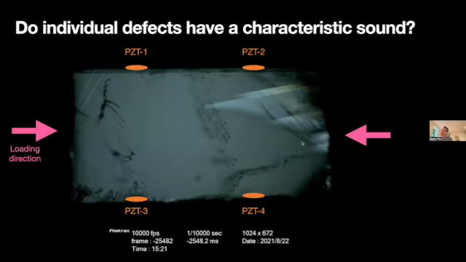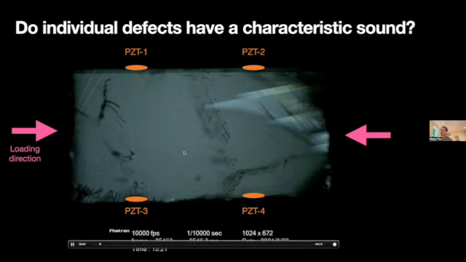We did some additional experiments on single crystals of calcite that we also instrumented with a number of piezoelectric sensors. Here we did a coaxial compression in the direction of these arrows. And we had a fast recording camera recording at 10,000 frames per second, so that we can observe optically how the defect propagates and then correlate it with the acoustic signatures.